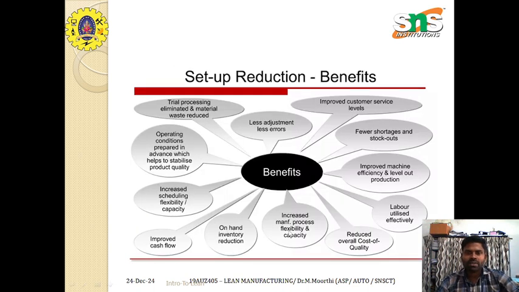And then what are the benefits of the setup reduction? We have many benefits.